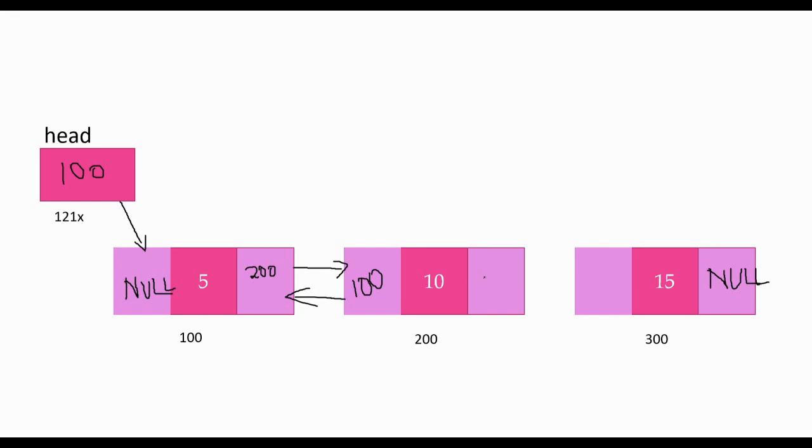So the next pointer of my second node will be pointing to the address 300, and the last node's previous pointer will be pointing to the address 200. So this is how we logically represent a node in a doubly linked list.